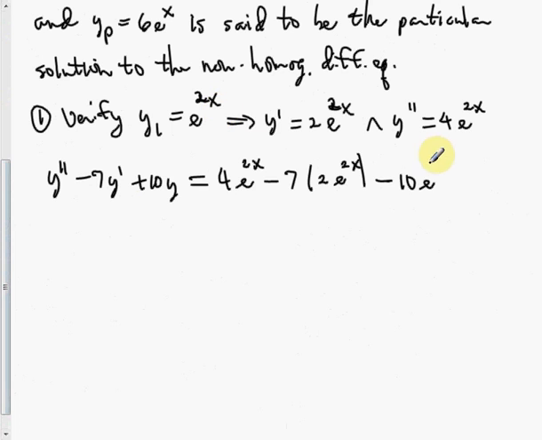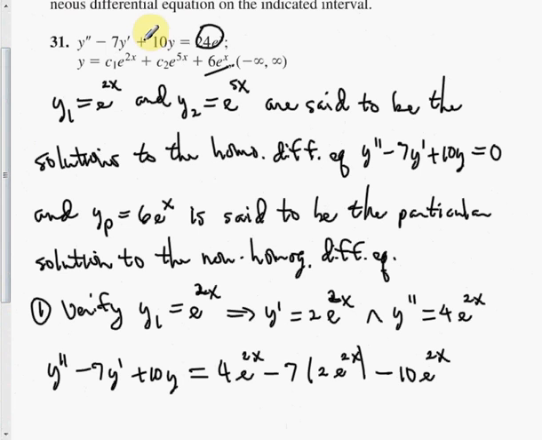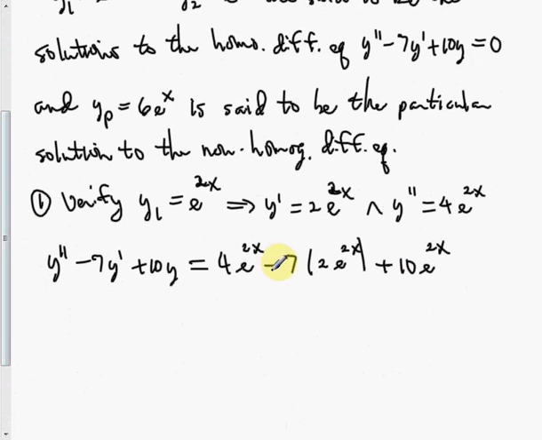Y is e to the 2x. So we get 4 minus 14. My sign is messed up. That's a plus sign there. Plus 10. Right. So that's minus 14 plus 4 is minus 10 plus 10, 0. That's better.